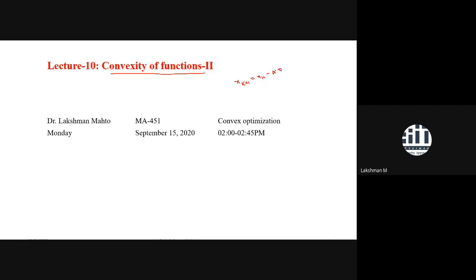It depends upon which notation you are proceeding with. There would be no issue with respect to notation. You have to be very clear about what notation you are going to use. Here you know that alpha we are calling learning rate or step size.